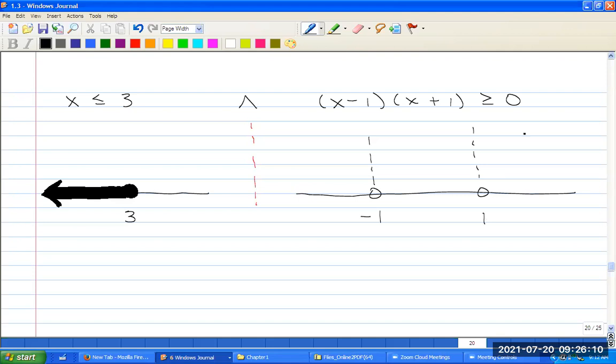So positive times positive is positive. Take a number between -1 and 1, let's say 0. And so negative times positive is negative. Take a number less than -1, let's say -2. Negative times negative is positive. We want this to be greater than or equal to 0.